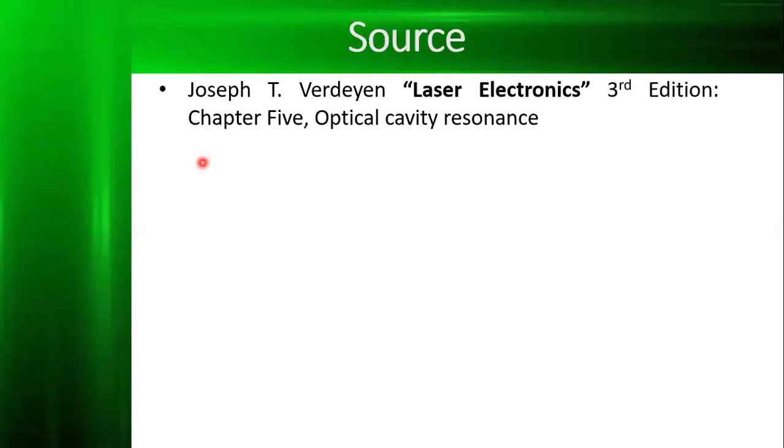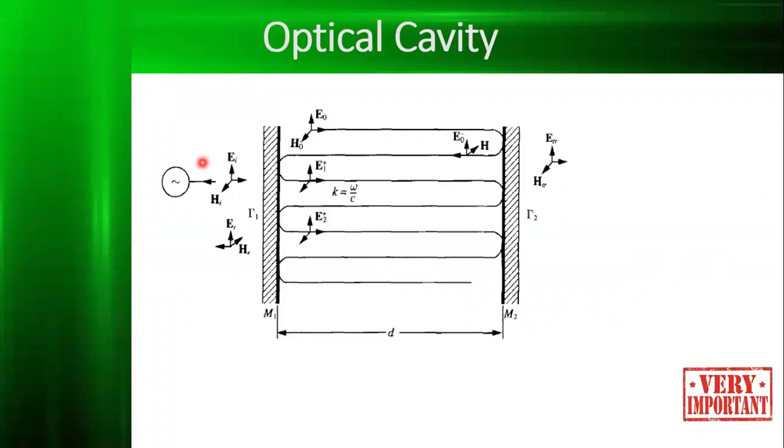First, if you remember, we started with the definition of an optical cavity, and we took as an example a 1D optical cavity consisting of two mirrors, one on the right and one on the left. We have an electromagnetic wave in the form of a photon propagating in this optical cavity through a series of reflections.